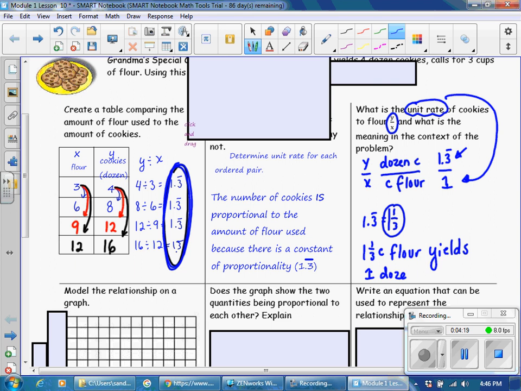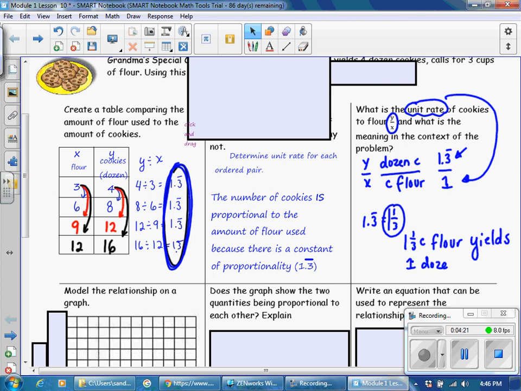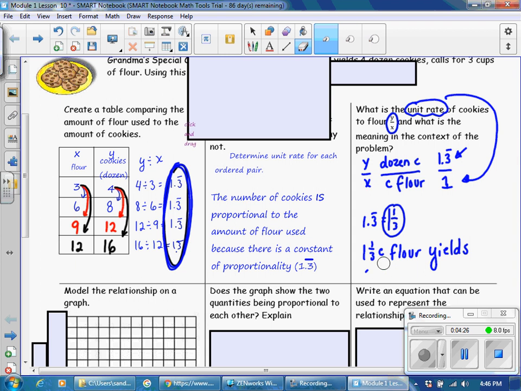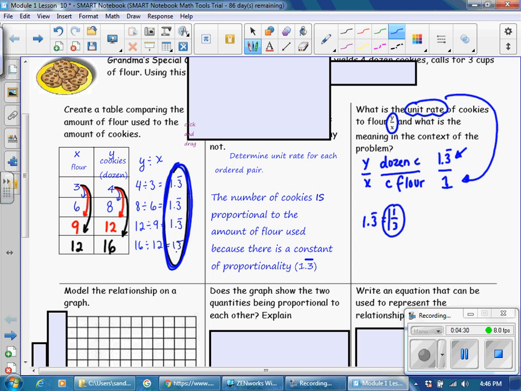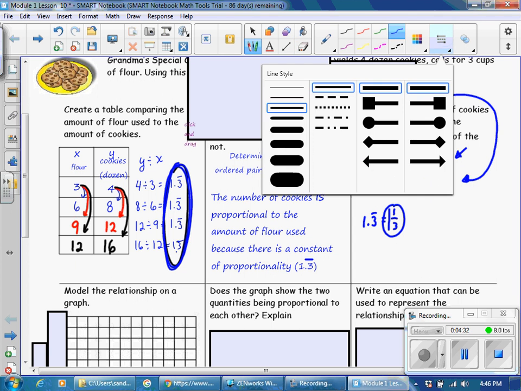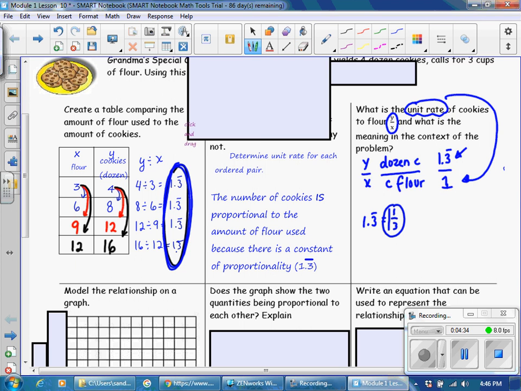Whoops, I wrote that backwards. I'm going to go back and fix that. Let's erase that. Again, the unit rate, you want to pay attention to what you want 1 of. And I almost messed up there. So it means you'll get 1 1/3 dozen cookies when you use 1 cup of flour.